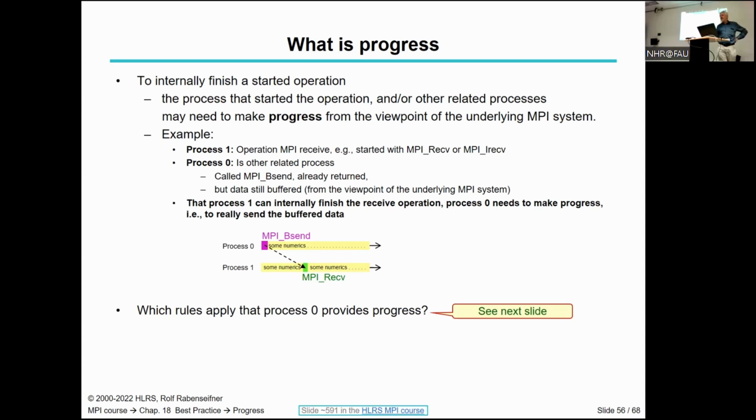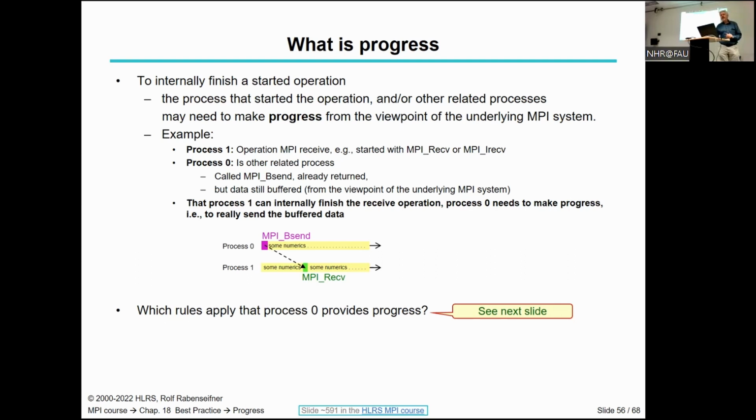One way is that MPI is doing progress only inside of the MPI calls. And the other way is that progress is done by, for example, an additional progress thread asynchronously.